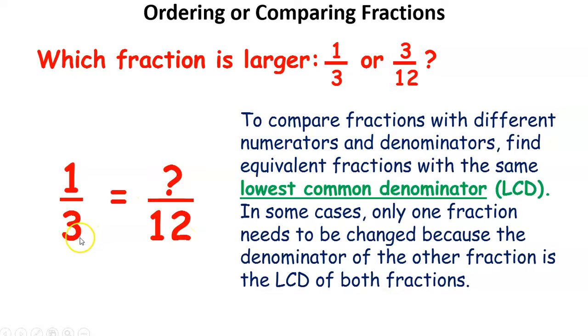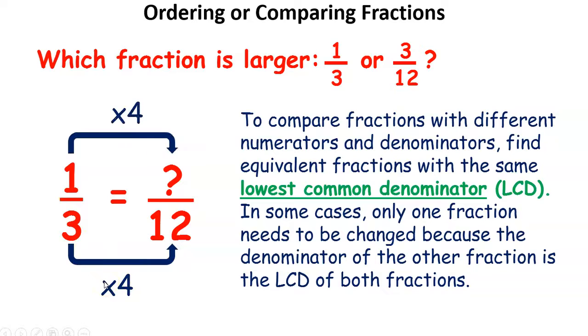Now I ask myself, what do I multiply 3 by in order to make it 12? Well, I know that if I multiply 3 by 4, it'll give me 12. Equivalent fraction means that I must multiply my numerator also by 4. So let's multiply 1 by 4, and I get 4 twelfths. So what this is telling me is that 1/3 is an equivalent fraction to 4 twelfths.